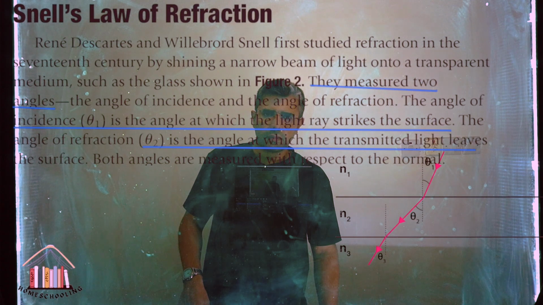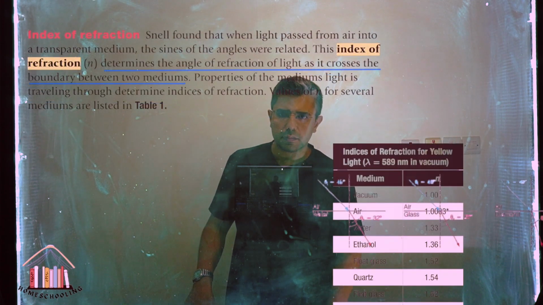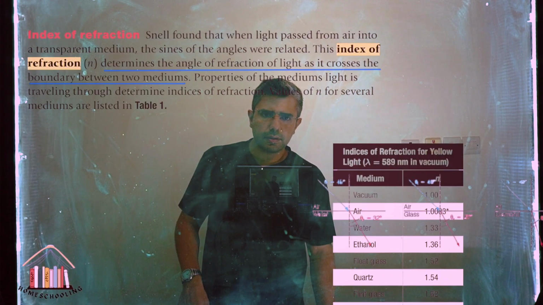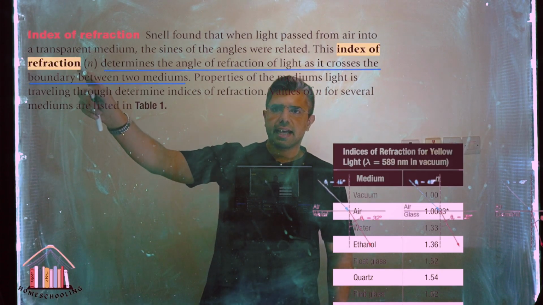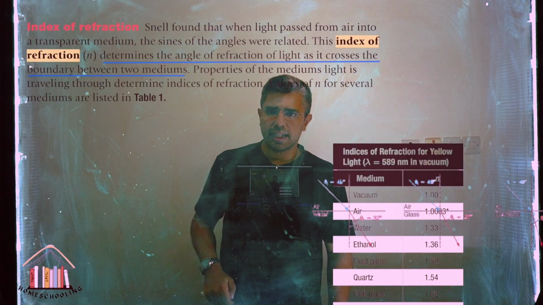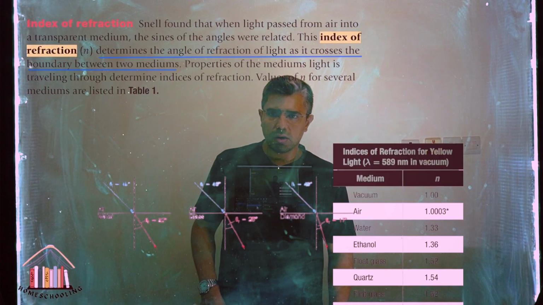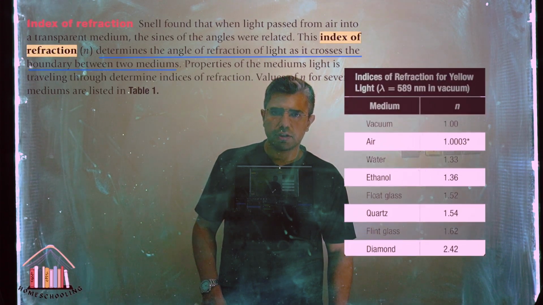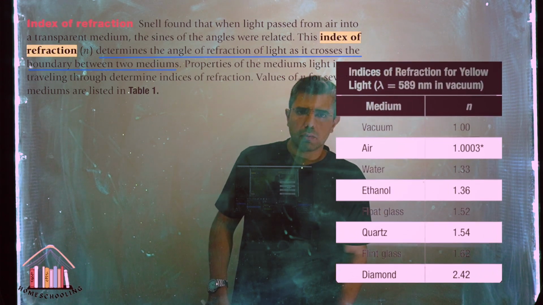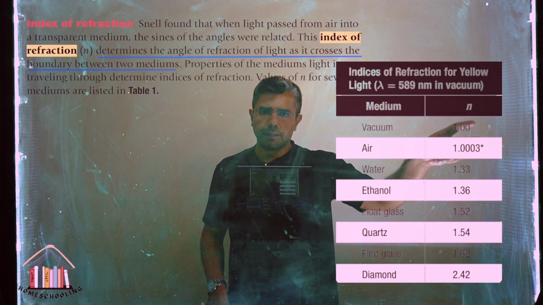So what did we find out from Snell's law? They described something called the index of refraction. This means that every medium has its own index of refraction. Let's look at this table that you have in your book. In the case of a vacuum, and in the case of air, it's approximately 1.